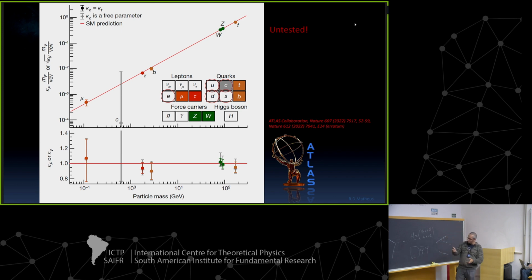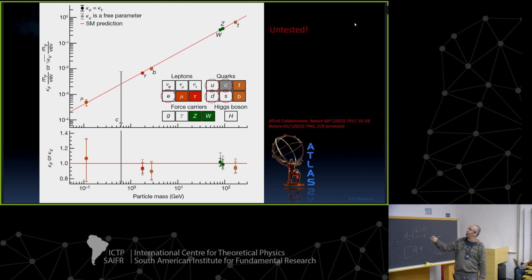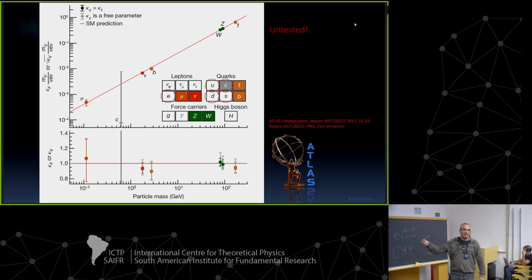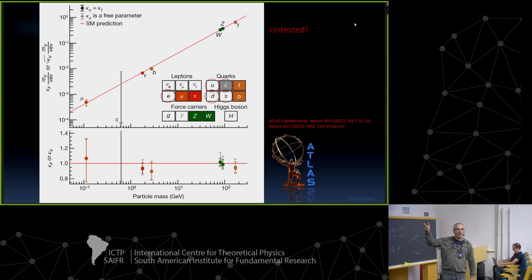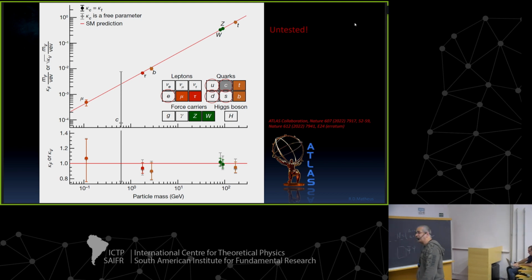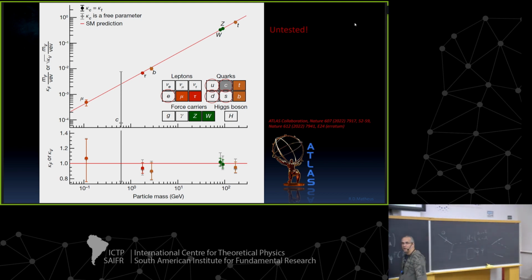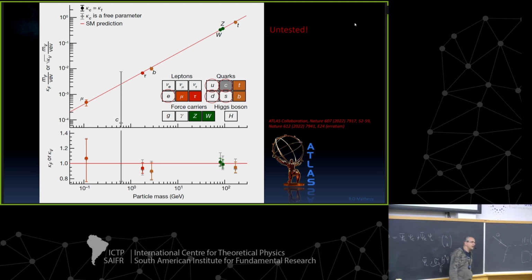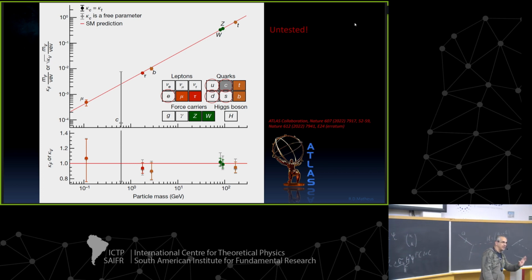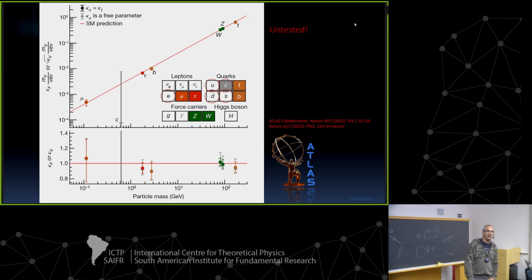By the way, in the same plot, they also tested the prediction for the mass of the W and the Z, right? That's based on g, g prime, and the VEV. The charm is underway. I think they have hope of actually measuring the Yukawa of the charm in the high luminosity regime for the LHC.